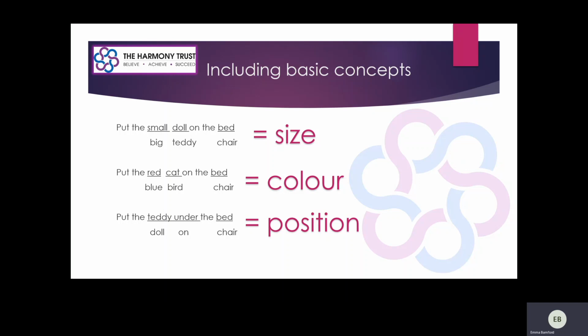So the instruction, put the small doll on the bed. You can see I've underlined small, doll and bed to highlight that those are the 3 key words. So they're the information carrying words. And then our 3 options are a big teddy, put them on the chair.